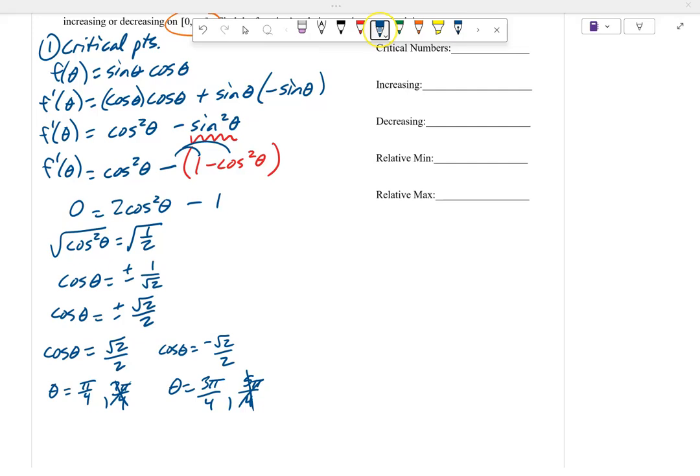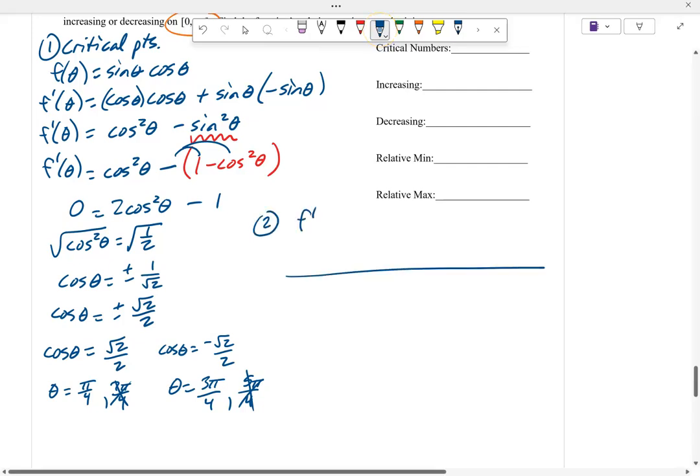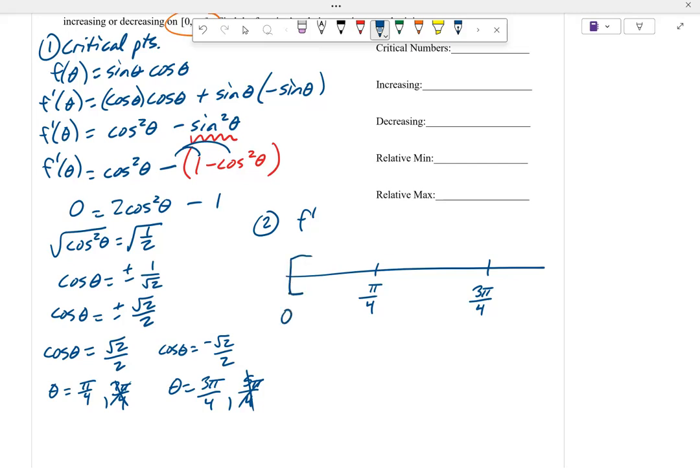All right, so now let's go ahead and run our first derivative test. So we've got pi fourths, we got 3 pi fourths, but remember, this has been artificially cut off between 0 and pi. So I do want to think about my endpoints on this as well. Let's plug in something before pi fourths, like maybe pi 6.